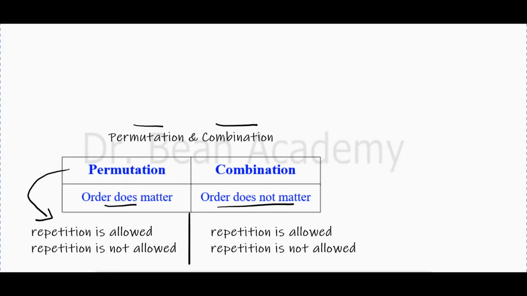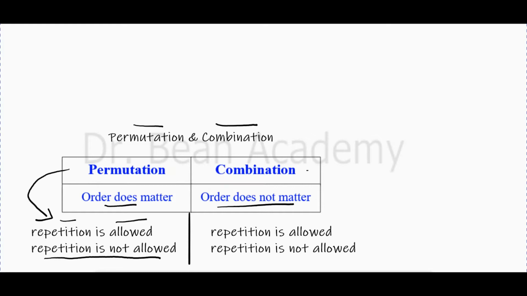In one, repetition is allowed, and in the other type of permutation, repetition is not allowed, because it matters when you want to form a permutation whether repetition is allowed or not.